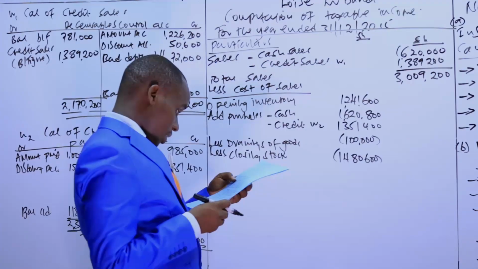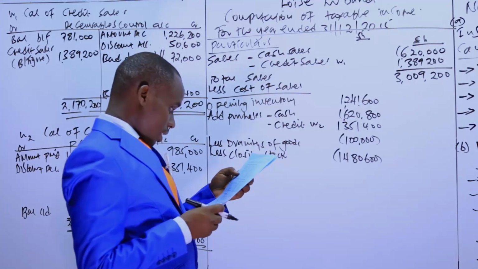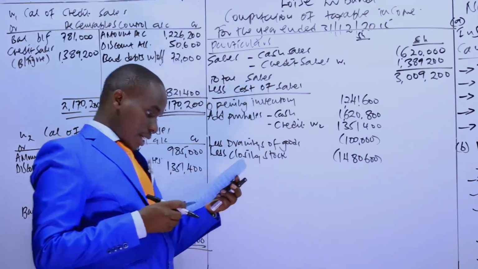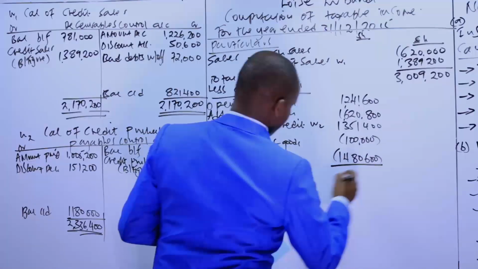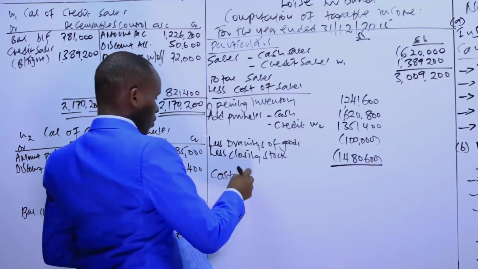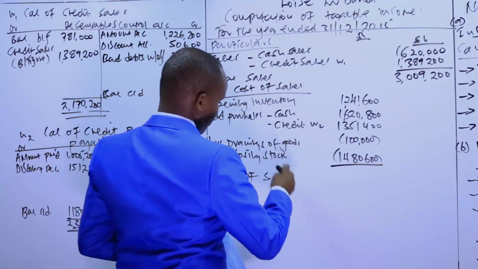Now we don't have any other item that affects that, so directly we can move to cost of sales. So what is the cost of sales?